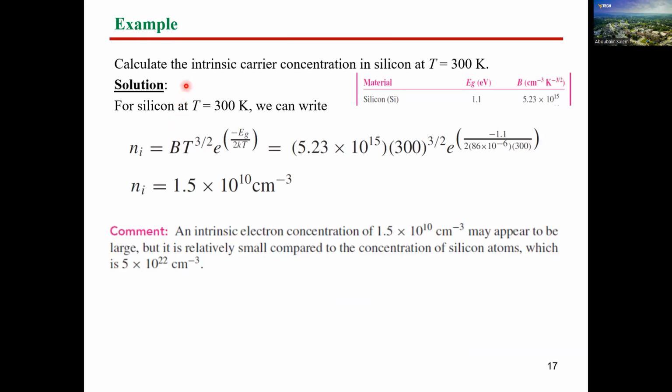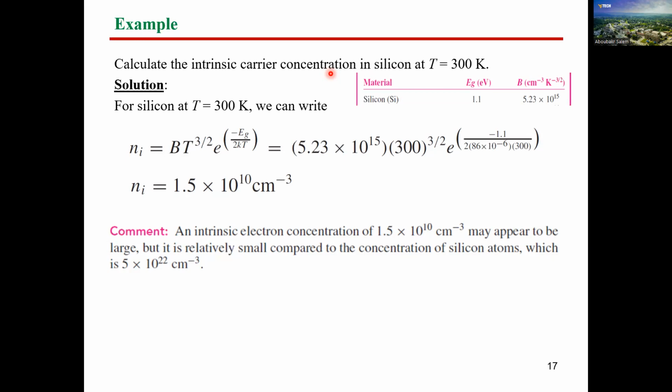So here in this example, we need to calculate the intrinsic carrier concentration in silicon. So we have silicon atoms, and we need to calculate the intrinsic carrier concentration. Intrinsic carrier concentration, guys, is for the free electrons, the electrons that will move between the silicon atoms.